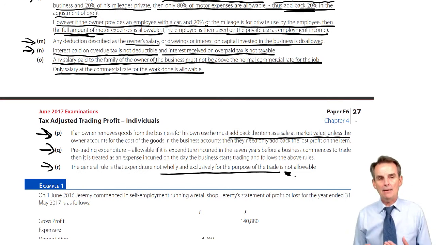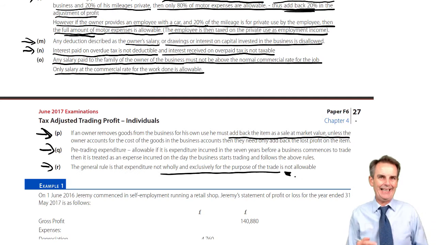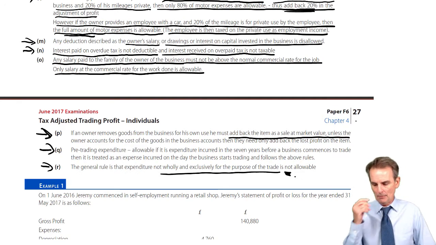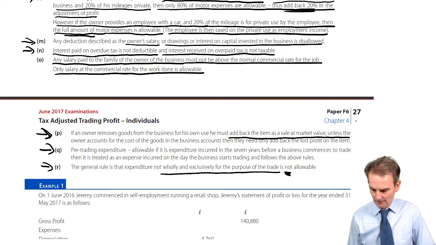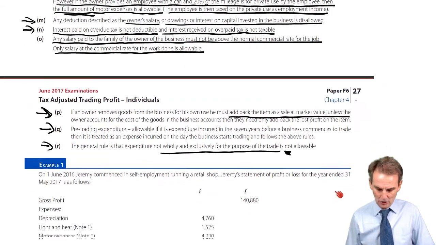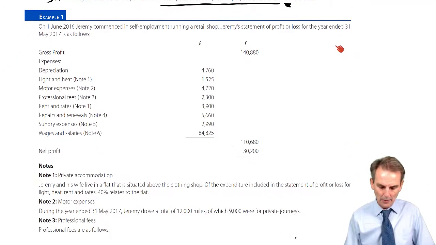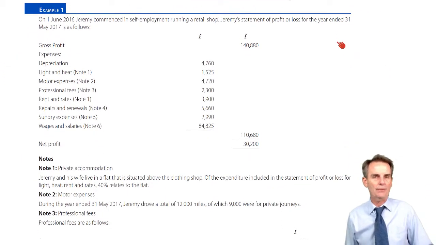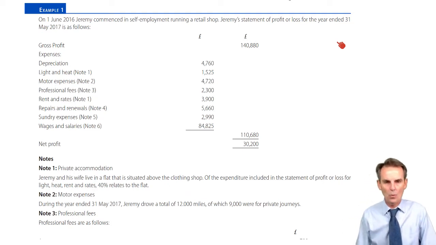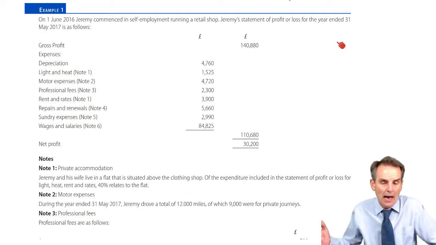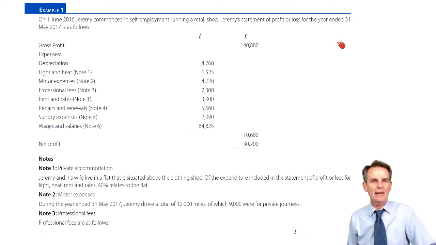Okay, now you'll need time and practice here to get to grips with these items, but it is the case that in every examination, whether as a written question in section C or as an objective testing question, some marks, don't know how many, but some marks will be available in relation to adjustment of profits.